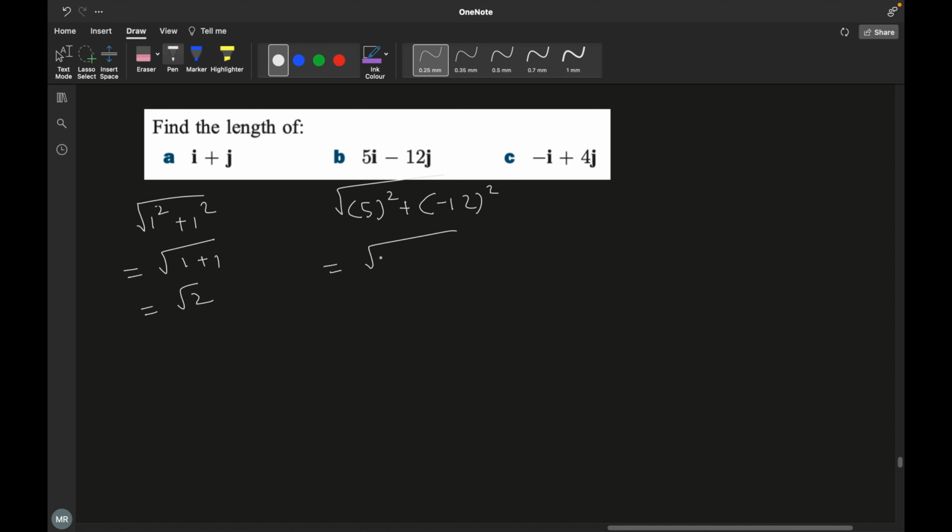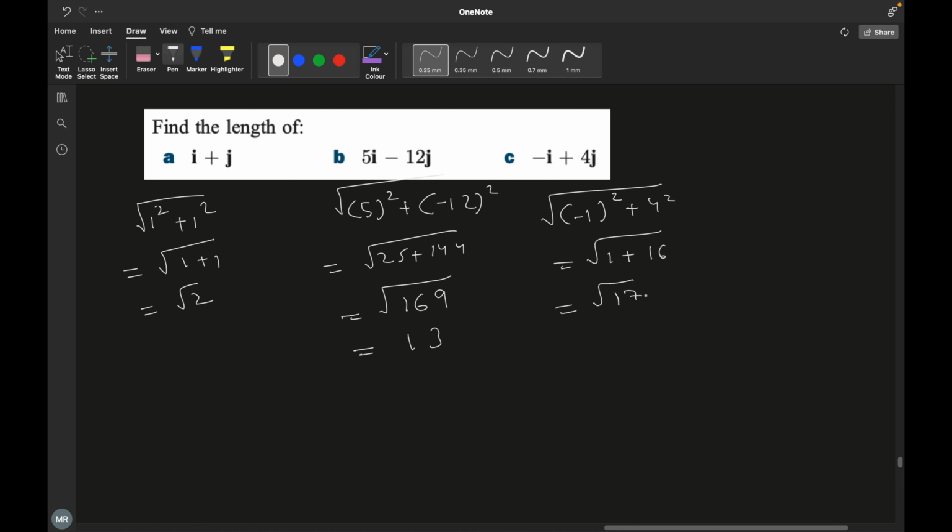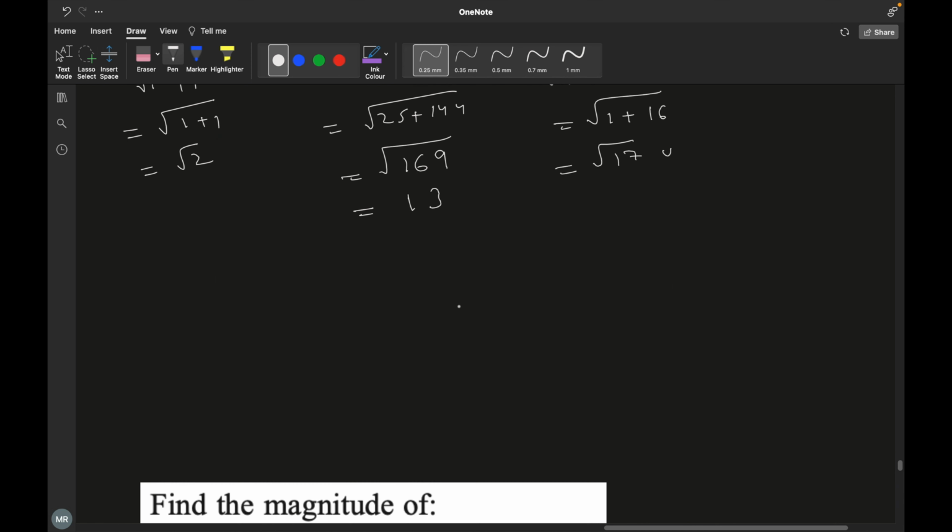It's going to be 25 plus 144, square root of 169, which is 13. We have -1 squared plus 4 squared. It's going to be 1 plus 16, which is square root of 17 units.